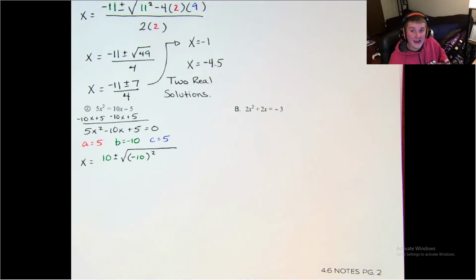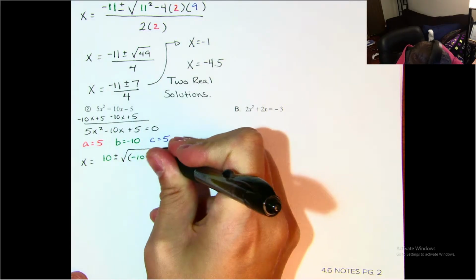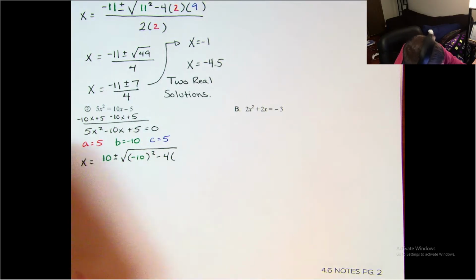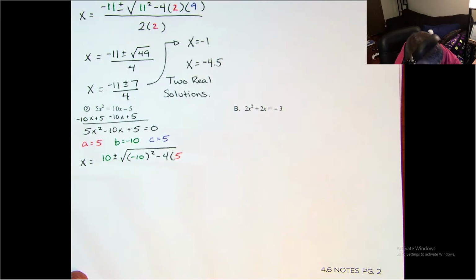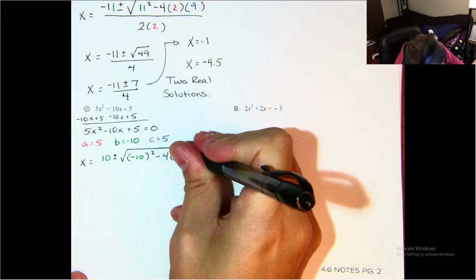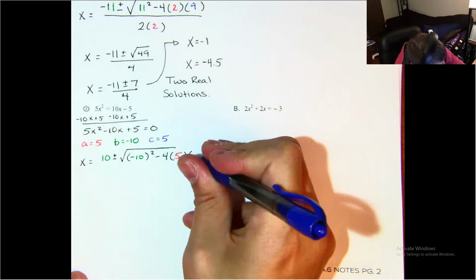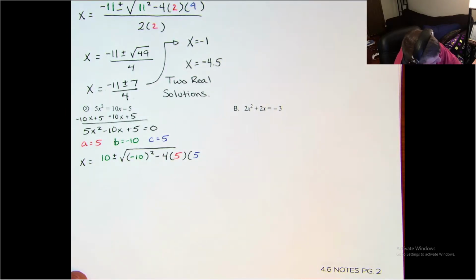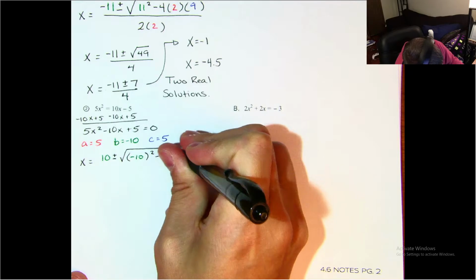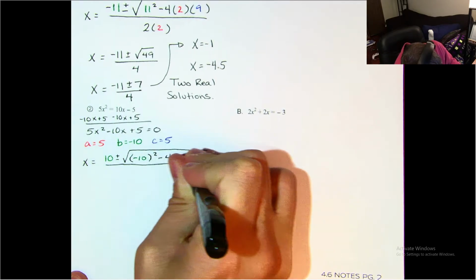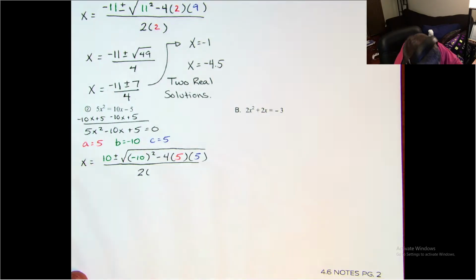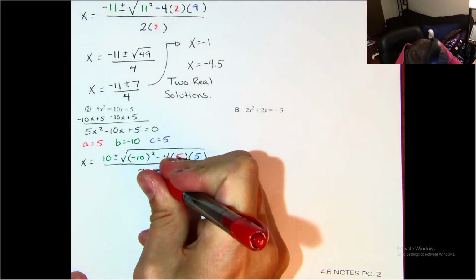It's going to group negative 10 together and go negative 10 times negative 10, as opposed to the opposite of 10 squared. Okay, minus 4 times a times c, all divided by 2 times a.